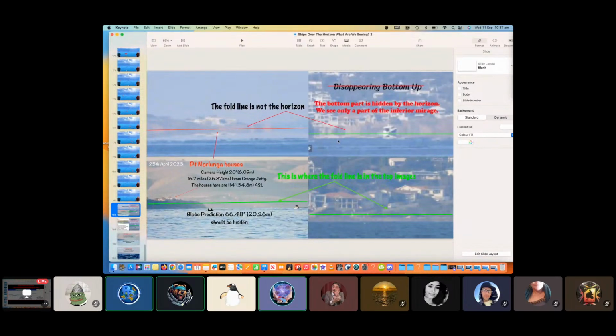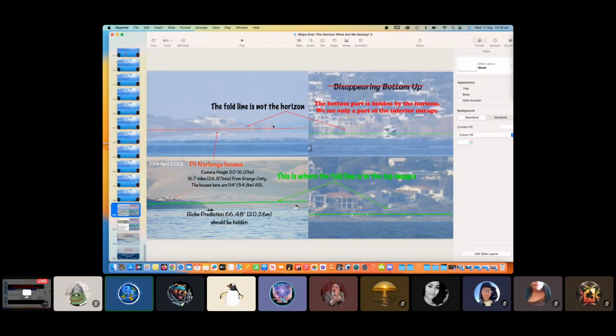Nice. But yeah, so he did this here and was like, oh, the bottom part is hidden by the horizon. And I think he had another one where he drew another line or something, so he's implying that this is the horizon. So I went and I did this. And I'm like, yeah, the fold line here. And then he laughed. He's like, oh, the fold line. I'm like, dude, that's just what they call it. Look in the scientific papers.